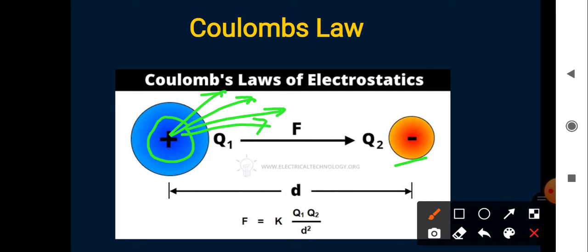This electric line of field attracts this test charge, which is a negative charge.